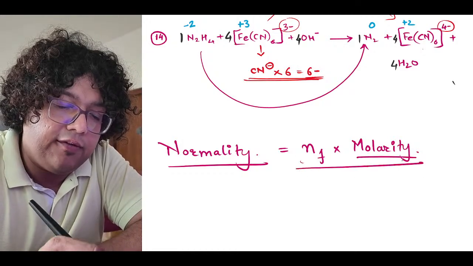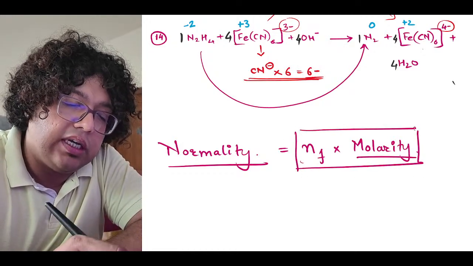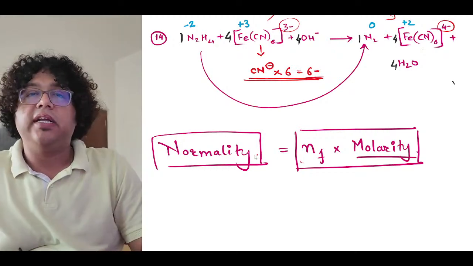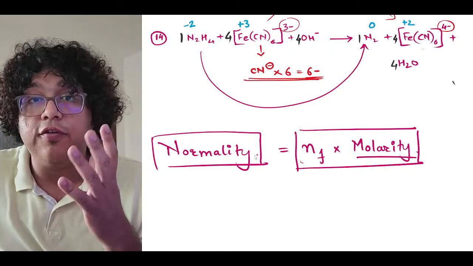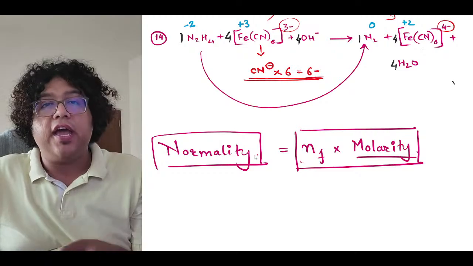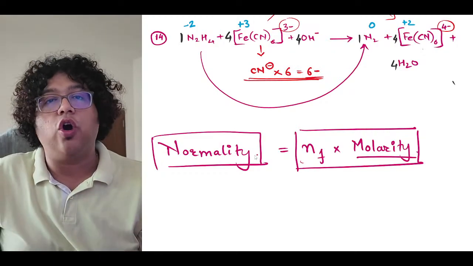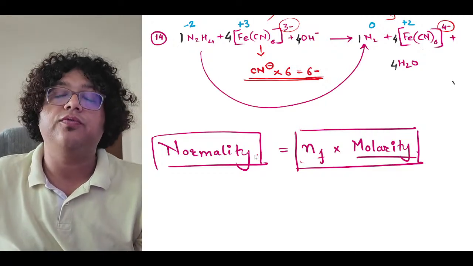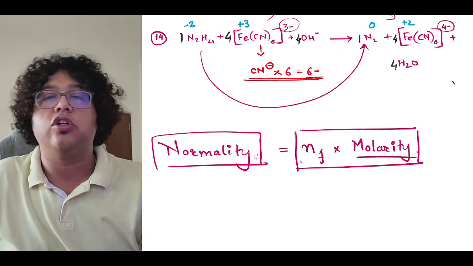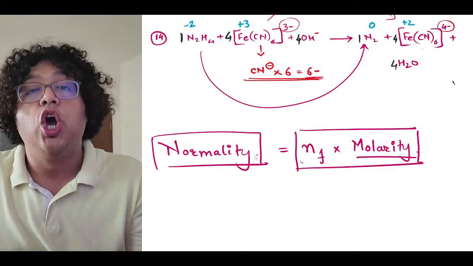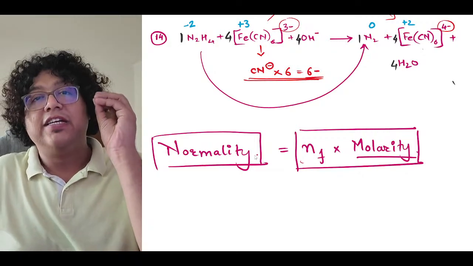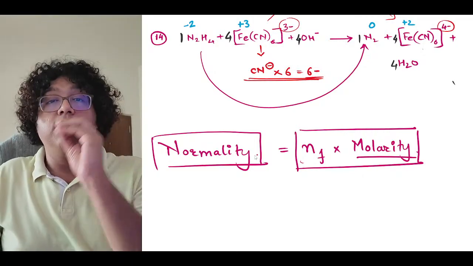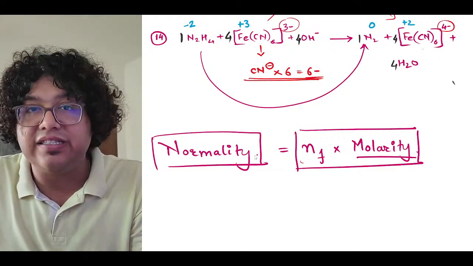When you have N factor and molarity multiplied and a unit is formed out of it, I get normality. Now what is the beauty of normality? If I have one normal solution of HCl, one normal solution of H2SO4, or one normal solution of H3PO4, all three will have the same moles of H+ ions released.